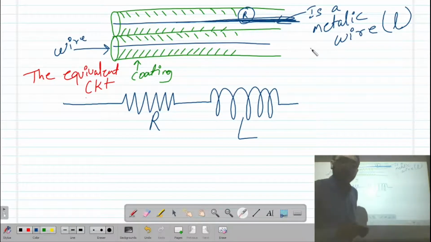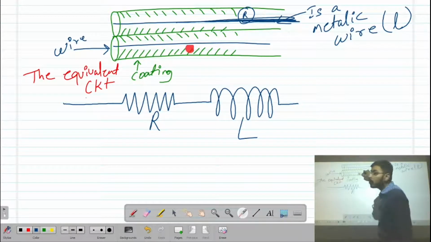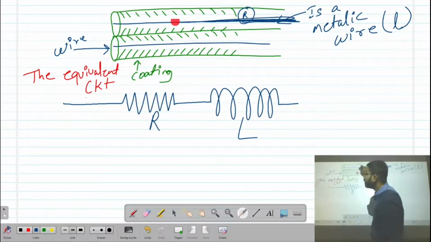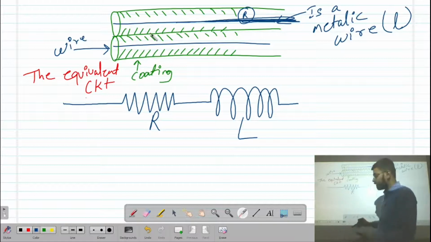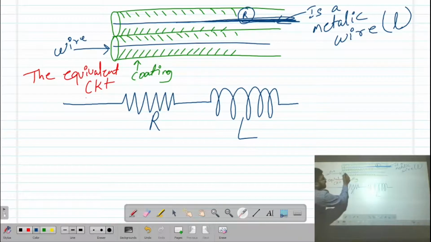Now, if we see the surrounding peripherals, the surrounding area, then we have two wires going parallel, right? This resistance and inductor L is associated with the length of the wire. Now, if we consider the surrounding atmosphere of this two-wire transmission line, then we have one conducting wire and another conducting wire.